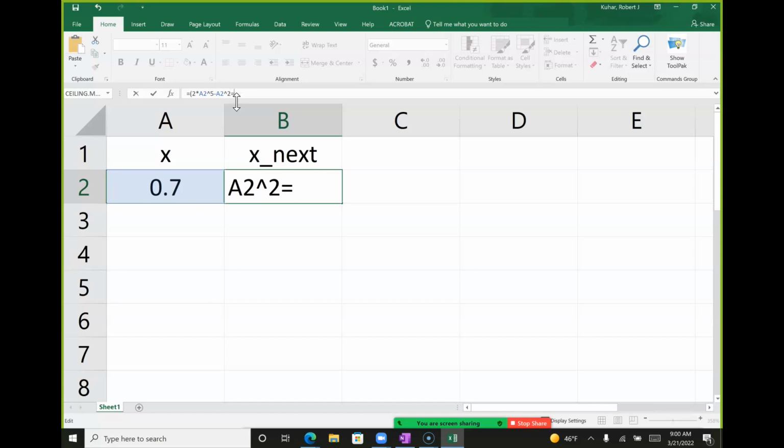Plus 2 times A2. Close parenthesis. Divide. Open parenthesis. 3 times A2 to the 4th, caret 4, plus 1. Close parenthesis.